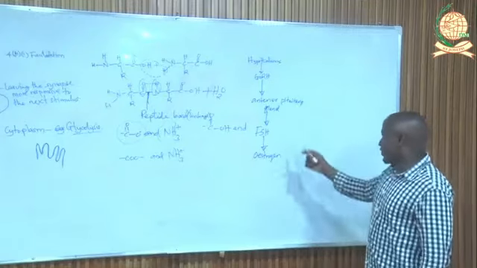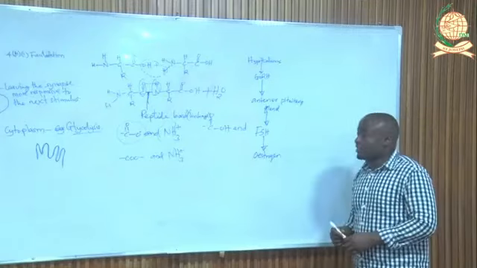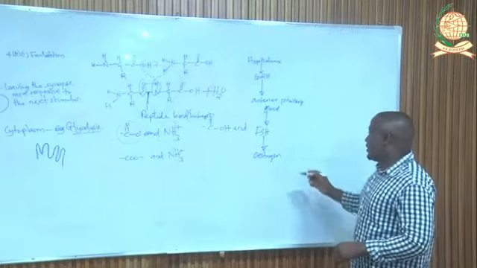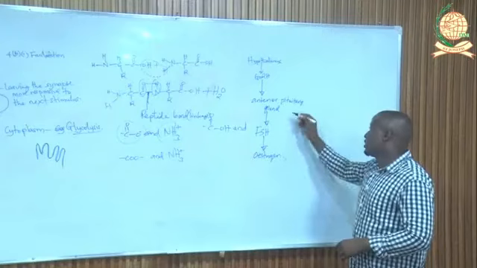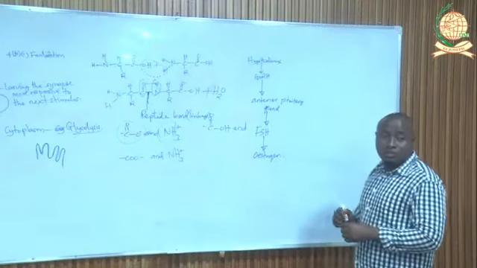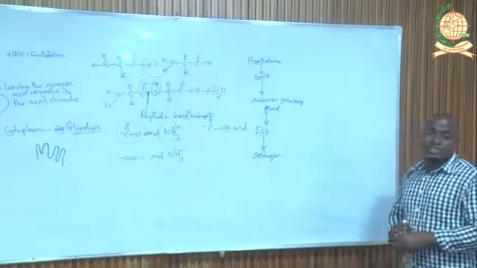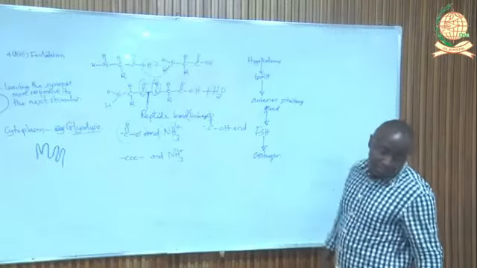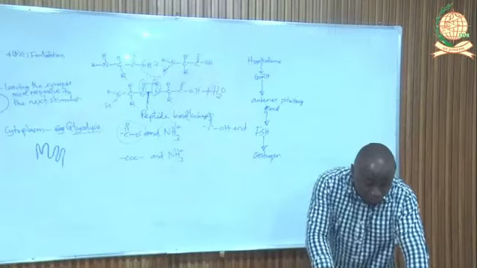In the anterior pituitary gland, the oestrogen switches off the secretion of FSH.